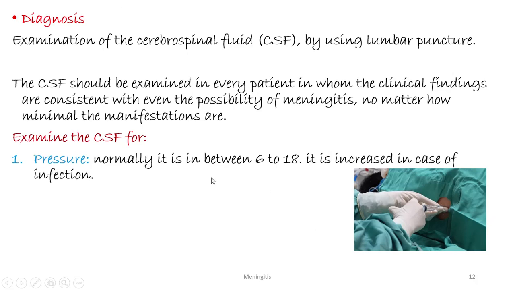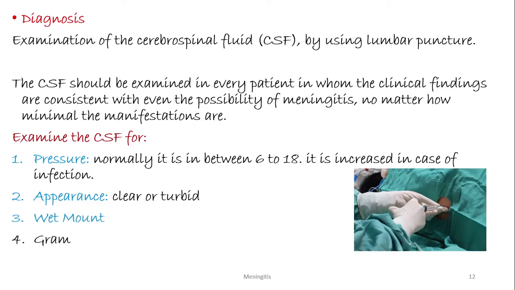In a normal person, the pressure is between 6 to 18 mmHg. But if the person is suffering from meningitis, this pressure is increased above 20 mmHg. You have to check for its appearance, if it is clear or turbid. In normal cases it is clear, but if it is infected, then it becomes turbid.